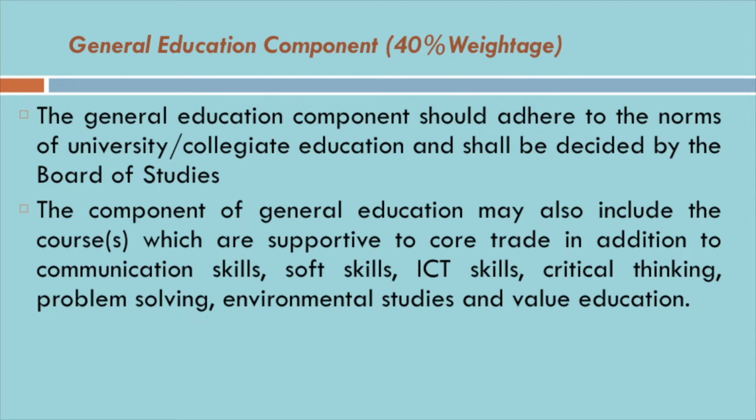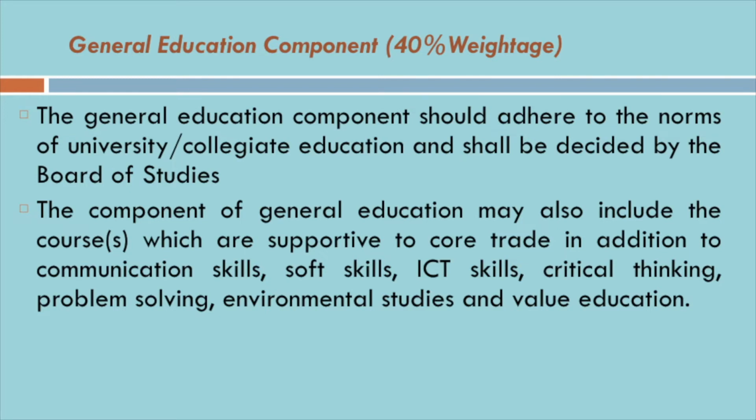Now, as I have already told you, along with the 60% weightage on the skill component, another important component is general education, which has 40% weightage. The general education component should address the norms of university and college education and shall be decided by the Board of Studies of the concerned university and autonomous colleges.